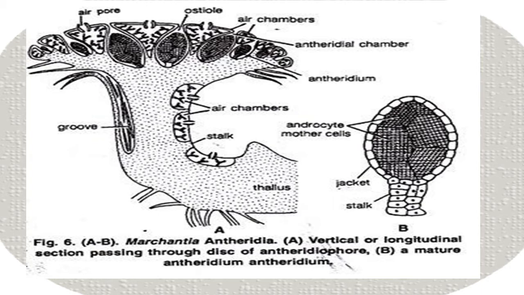That is the vertical or longitudinal section passing through the disc of antheridiophore. Next, figure B, mature antheridium. We can see antheridial mother cells, jacket, stalk. This is the diagrammatic representation of Marchantia antheridia.